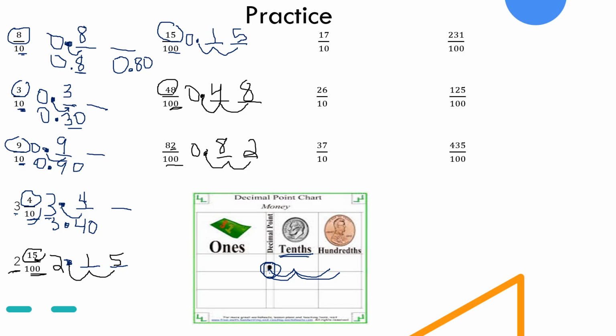Alright, so over here we have, if you notice, improper fractions. So you know from previous lessons that an improper fraction is the same thing as saying that you have more than one whole, right? Same steps.